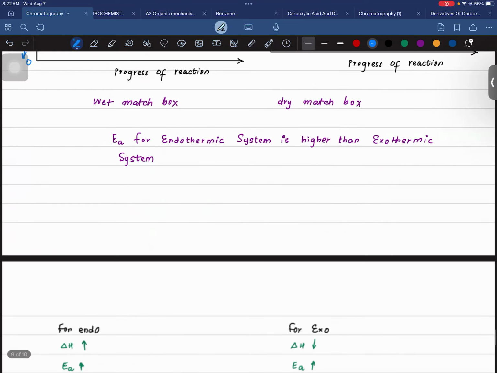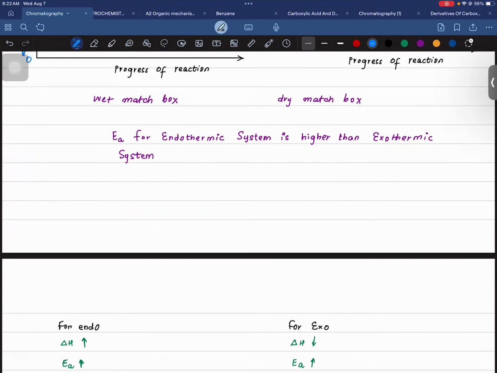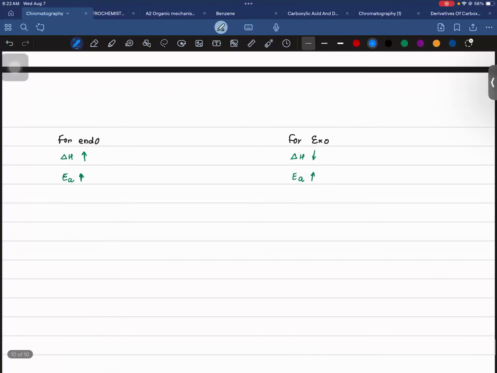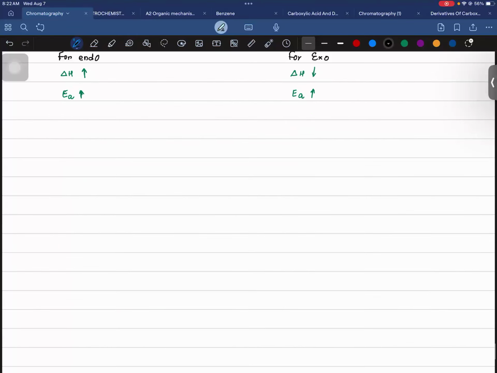Then bond energy. Can anyone tell me what is bond energy?